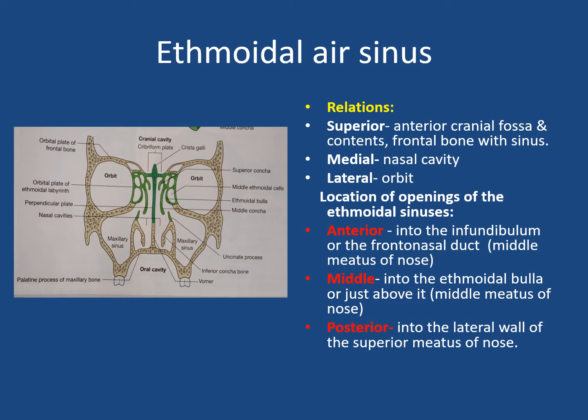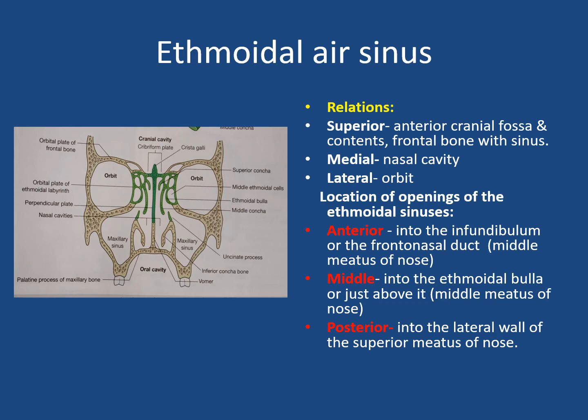I think it will be easier to understand. Superiorly, it is related to the anterior cranial fossa and its contents, the frontal bone with the sinus, as you can see. Medially, it is related to the nasal cavity, the upper part of the nasal cavity, as you can see. Laterally, it is related to the orbit on its side.